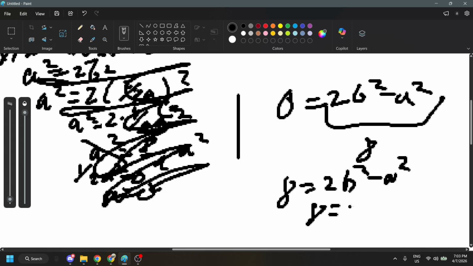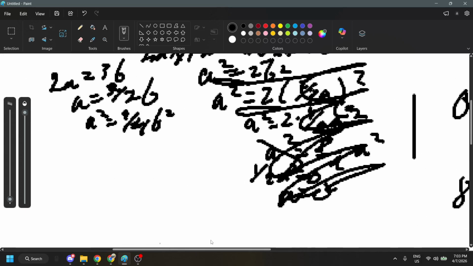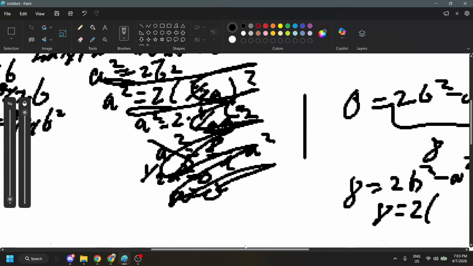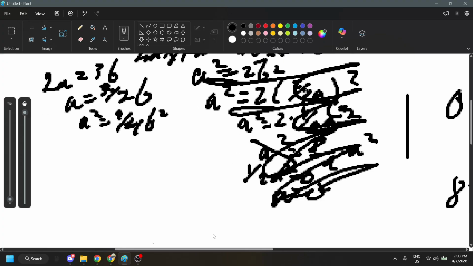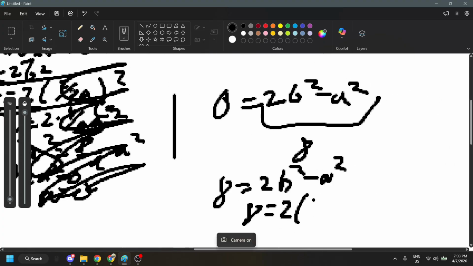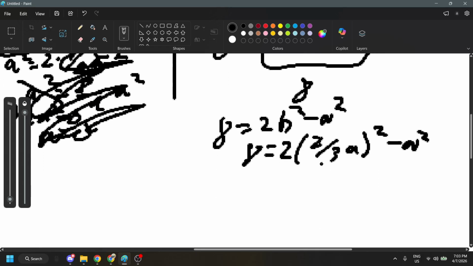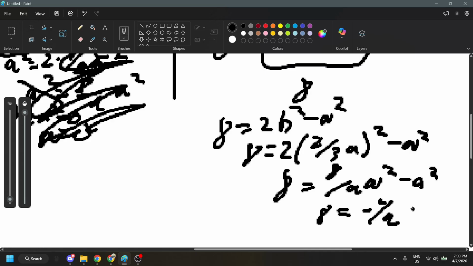We get 8 is equal to 2 times, what's b? b is 2 over 3a, so 2 over 3a squared minus a squared, so we have 8 is equal to 8 over 9a squared minus a squared. 8 is equal to negative 1/9 a squared.